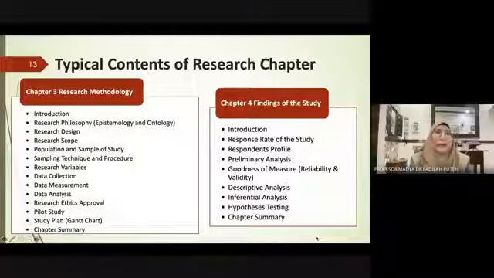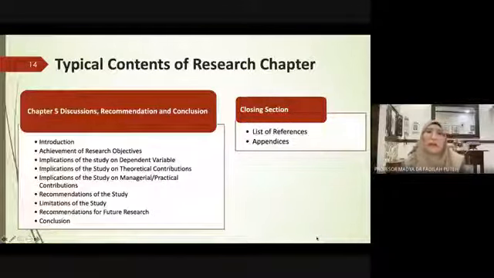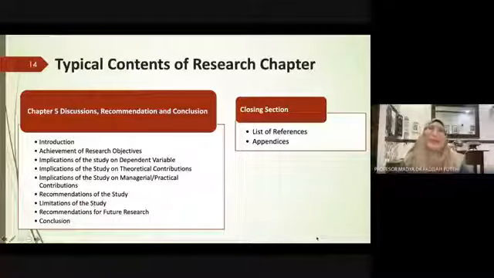And then chapter 5. This is whereby you discuss your findings, your recommendation and conclusion. This chapter 5 is very, very important because it is the chapter that indicates whether you have a breakthrough in your study or not.